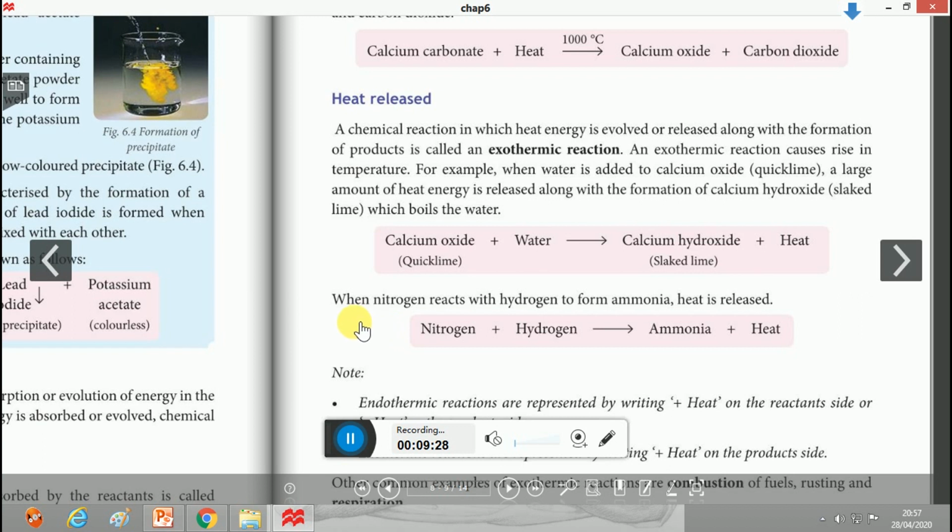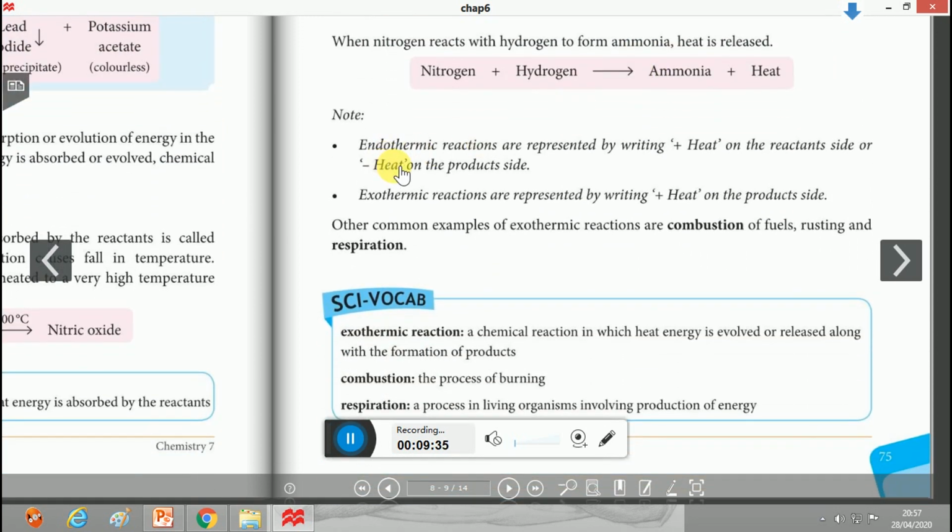Another example: when nitrogen reacts with hydrogen to form ammonia, heat is released. It is important to remember that endothermic reactions are represented by writing plus heat on the reactant side. If you write plus heat, you have to write it on the reactant side.